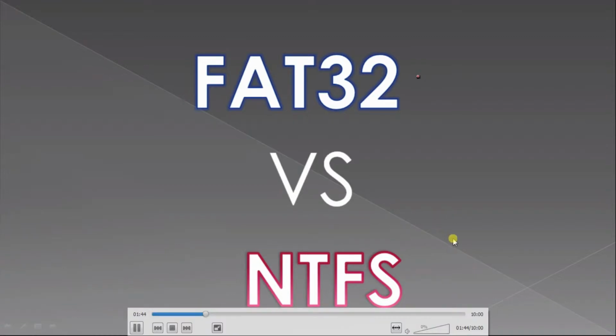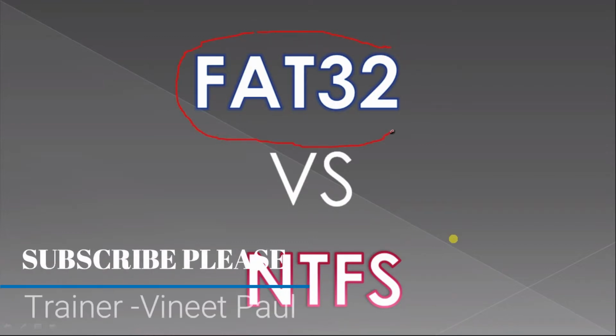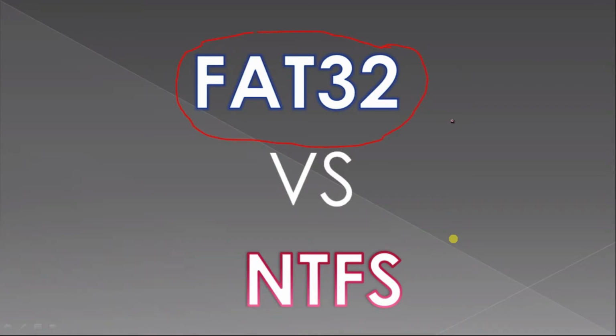FAT is the old type of file system. It was used from Windows 95 and Windows 98 to Windows XP. Windows XP used both the FAT32 and NTFS file systems.